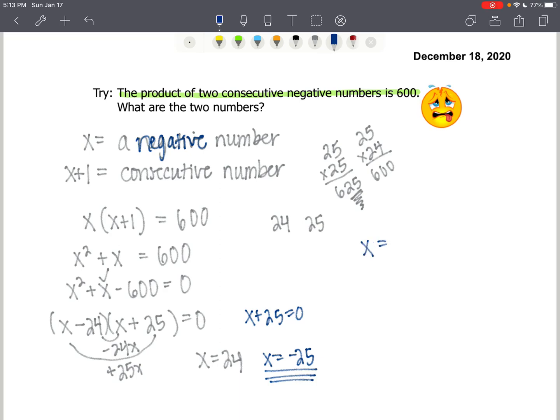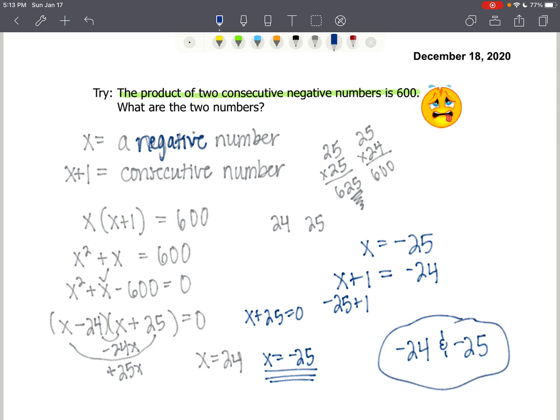So x equals negative 25. x plus 1, well, negative 25 plus 1 is negative 24. So our two numbers are negative 24 and negative 25. So if you got that, fantastic. Give yourself a pat on the back.